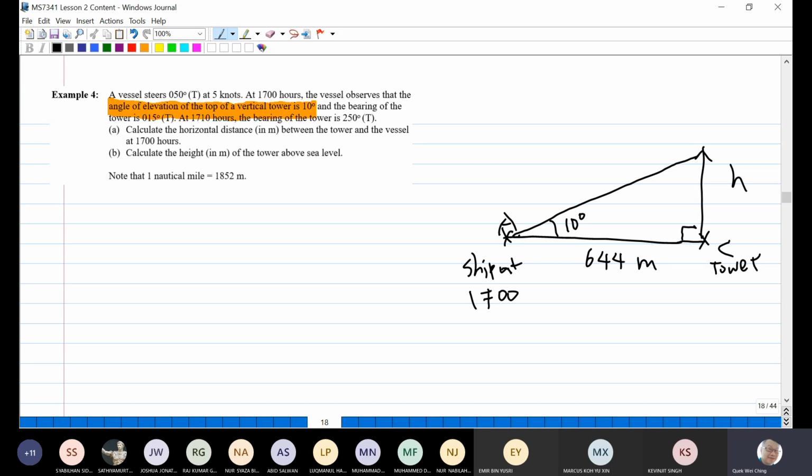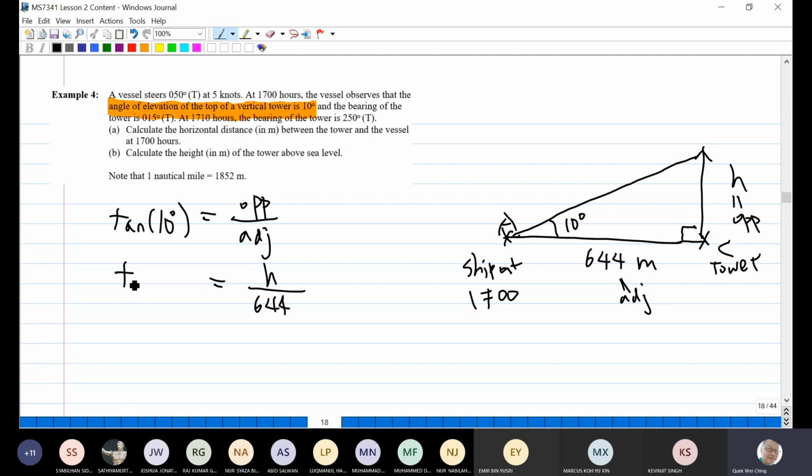The height, tangent of 10 degrees, is opposite over adjacent. This is opposite of 10 degrees, and this is adjacent. So opposite is H here, adjacent is 644.